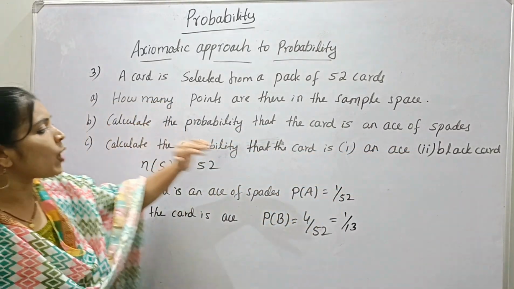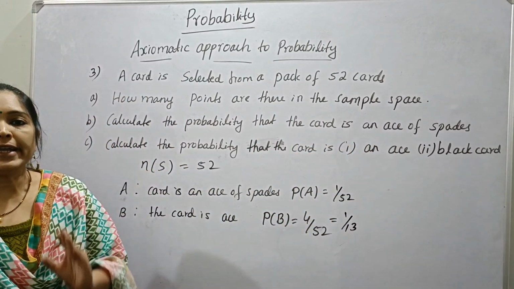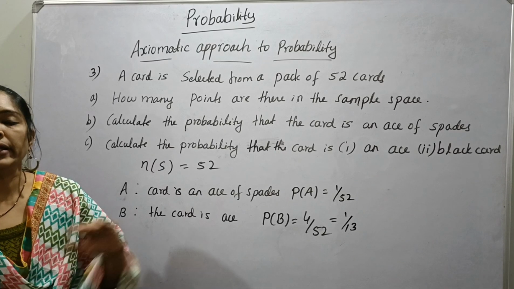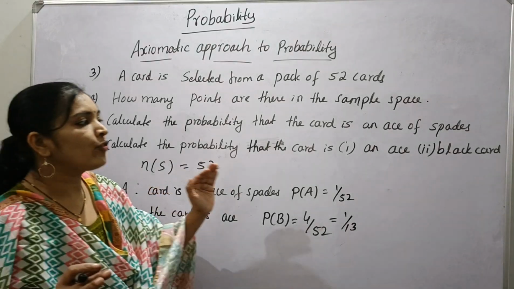Next, another question: what is the probability that the card is a black card? There are 26 black cards out of 52 cards. Let us write this event as C, the card is a black card.